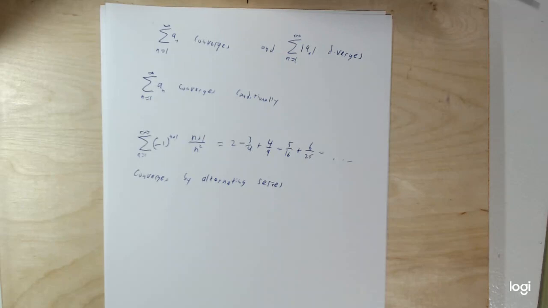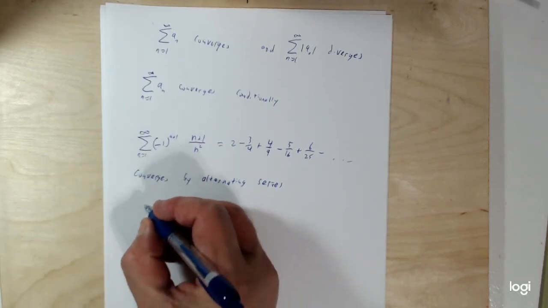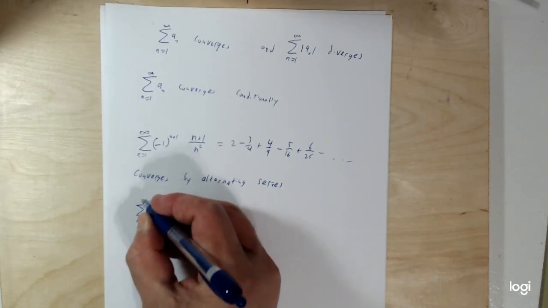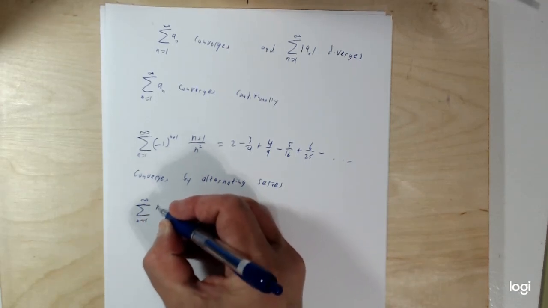So we have to determine whether or not this is absolute convergence. Well, if we got rid of that (-1), notice this is a different series. We're just asking, does it work if you don't have that (-1)?